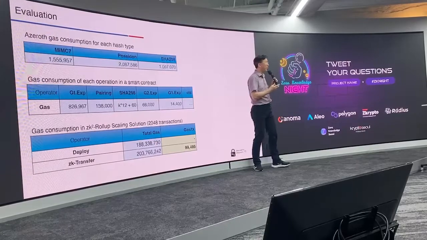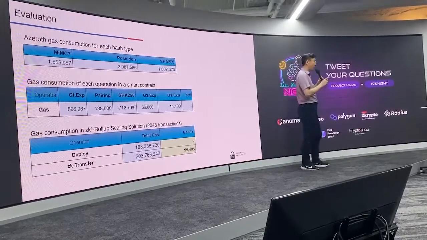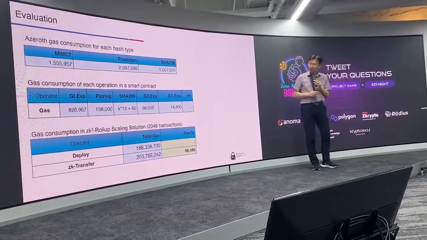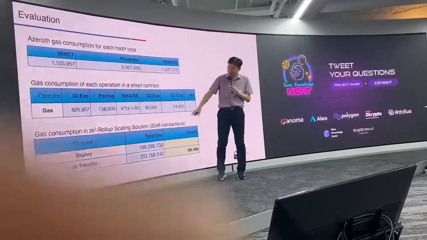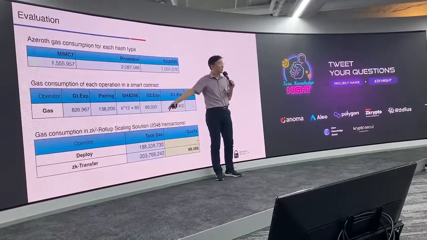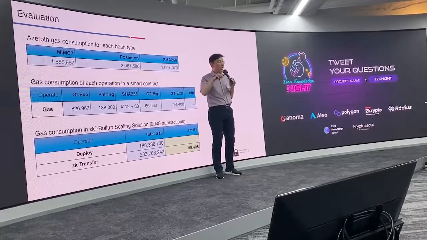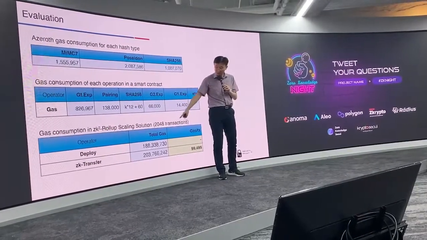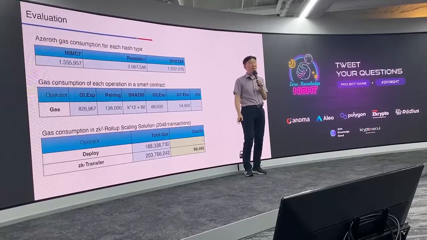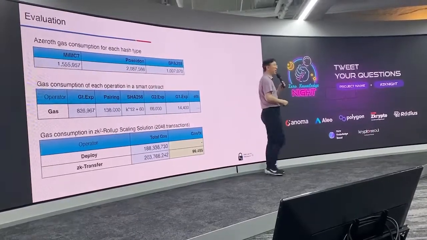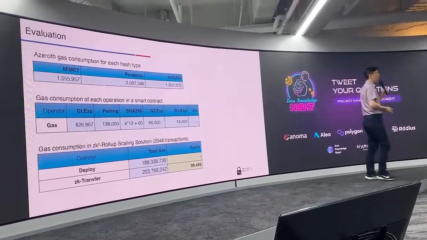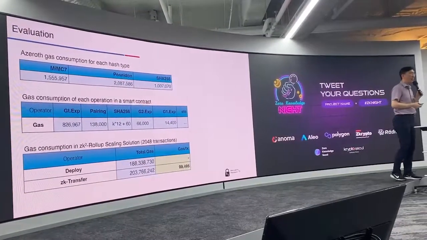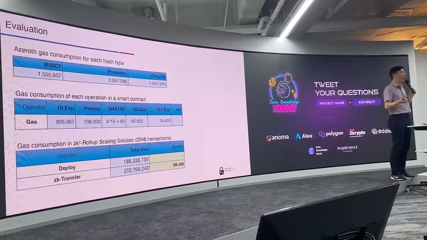So we can reduce it to about 1/15th of the gas consumption. But the actual problem is that because we are aggregating 2,000 transactions, the one large transaction consumes around 200 billion gas. Currently no blockchain supports this kind of large gas consumption. So maybe in the future there will be some solution for that.